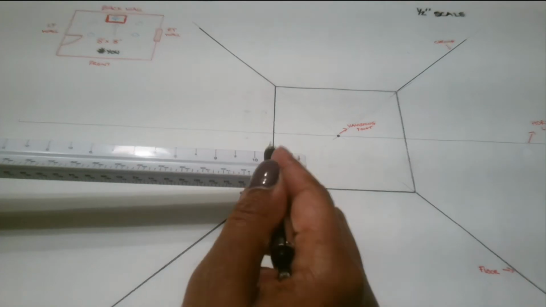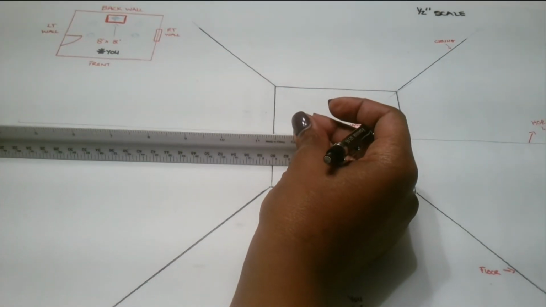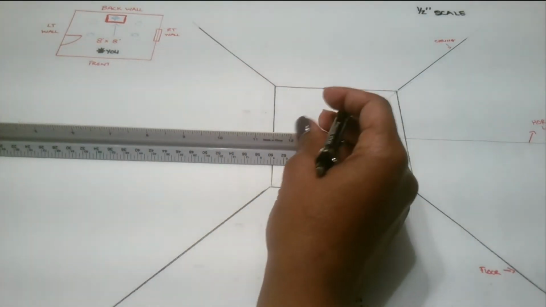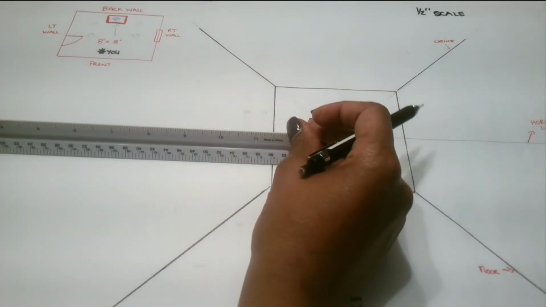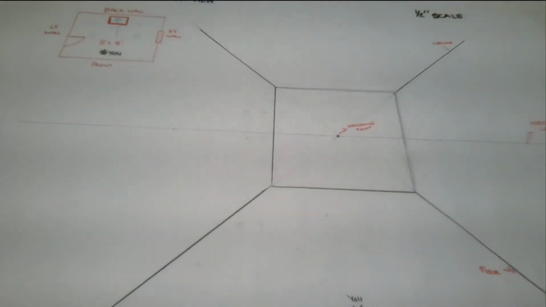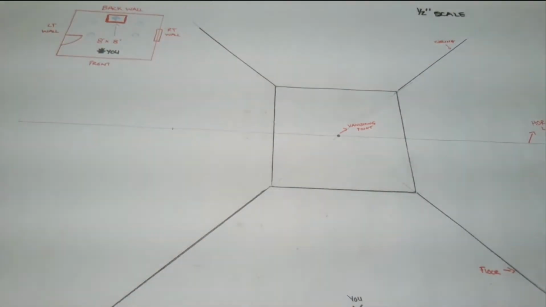So using my 1/2 inch scale, I'm going to place my 0 right on the edge of the wall, and I'm going to measure over 7 feet, or what do we say? Let's say 6 feet in. So now I have made a mark of where my door will start.